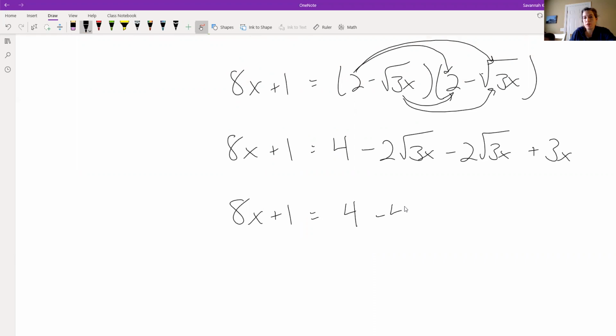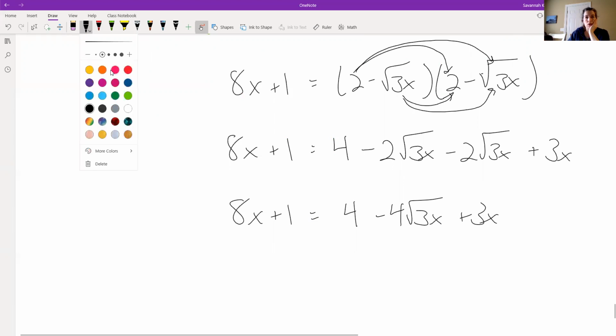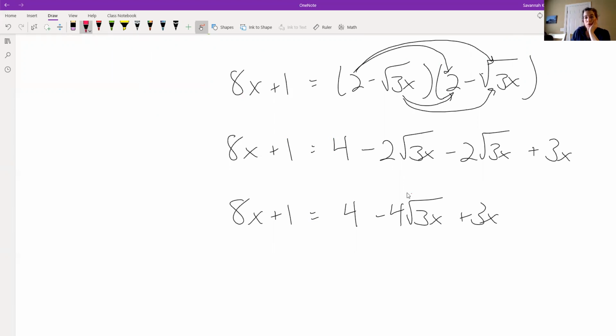Okay, now, as I clean this up a little bit, notice that in a way it feels like we haven't gotten where we need to be because we still have a root. And we're used to squaring both parts and being done with the roots.